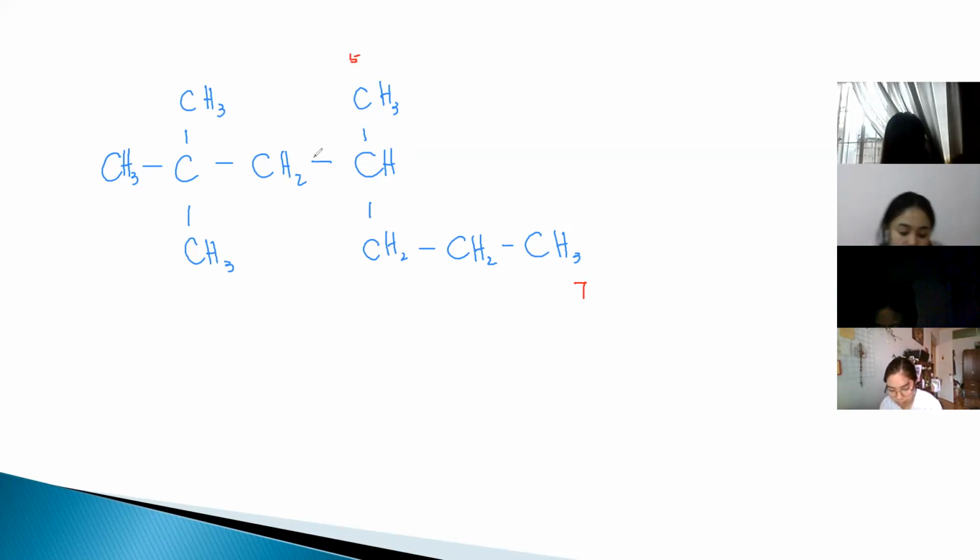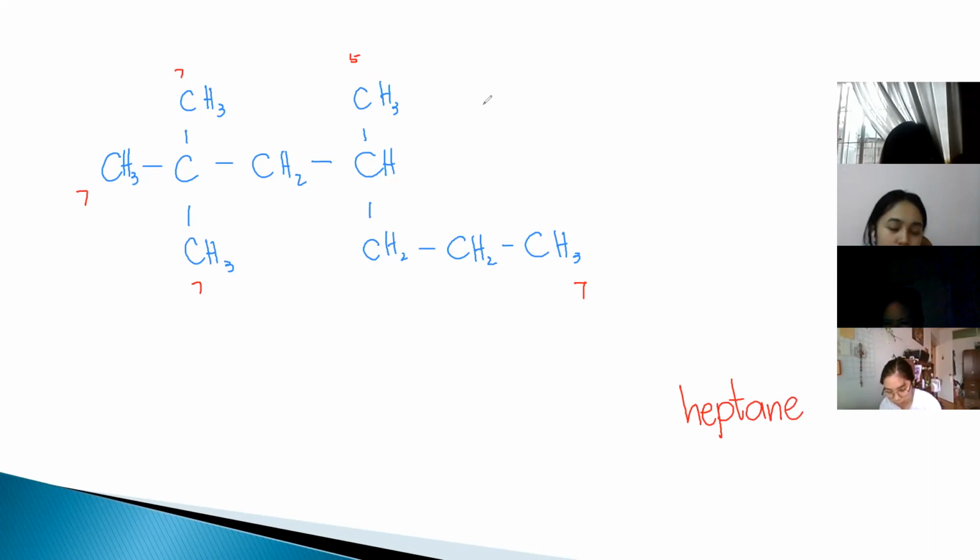Kung 1, 2, 3, 4, 5, 6 sa taas, 7 gihapon. Okay, so definitely 7. The parent chain here is 7. So 7 carbon, the prefix is hep. And single bond silang lahat. So ane. So we have heptane.